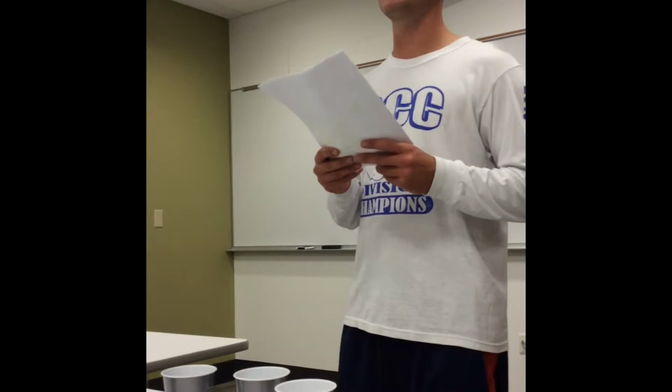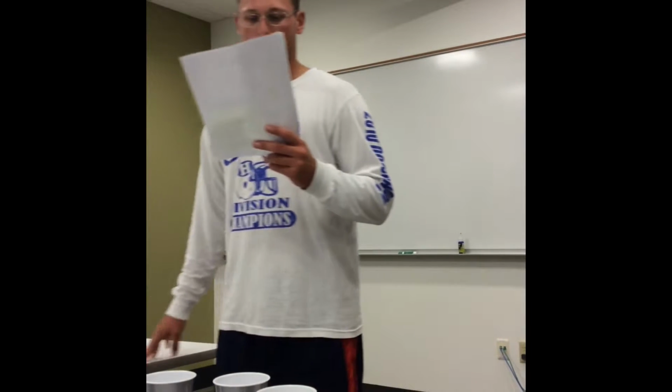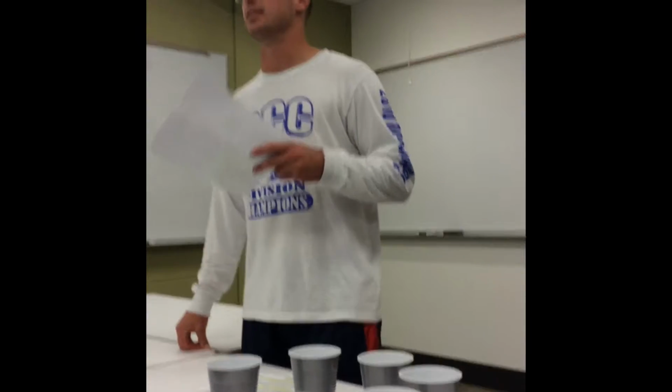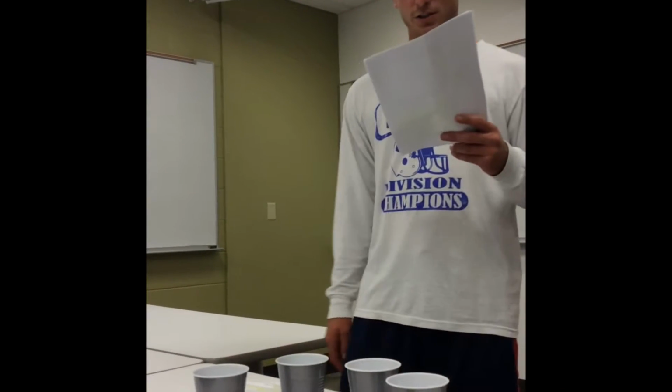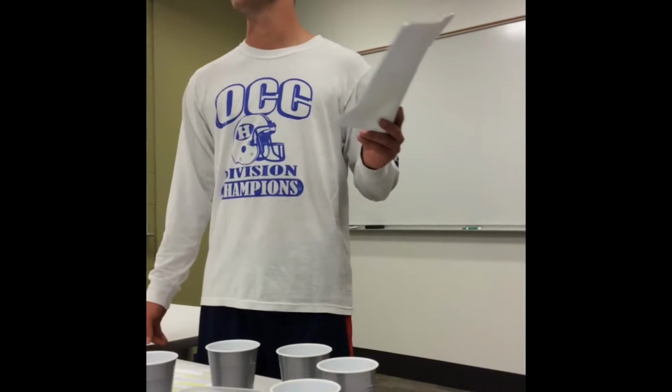All right, the first direction states, observe the materials in the middle of your desk. What are they? Write with as much detail as possible about the plastic container and the Dixie cups. Use your senses, your sight, your smell, but under no circumstances do you taste it.